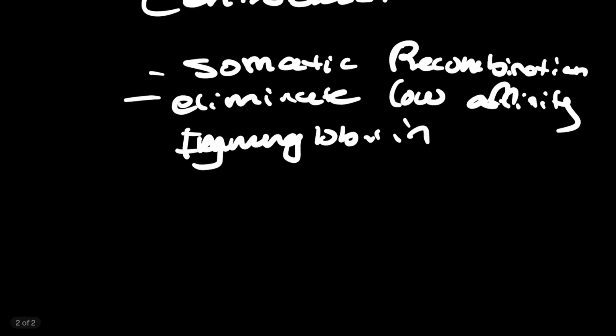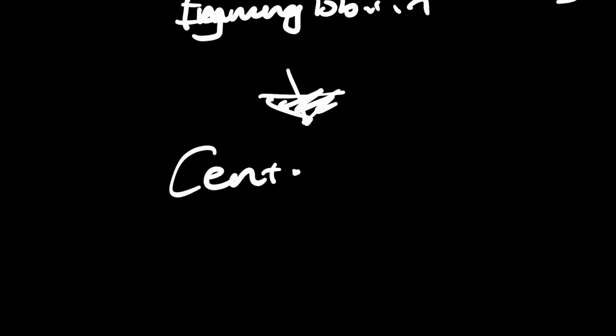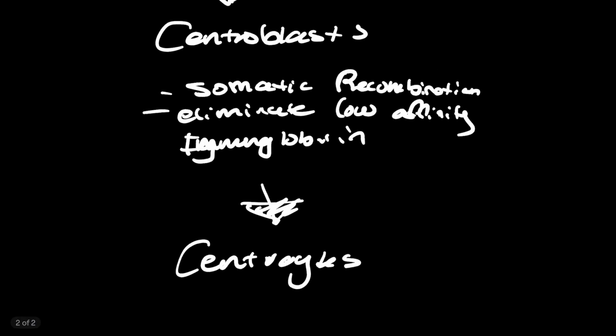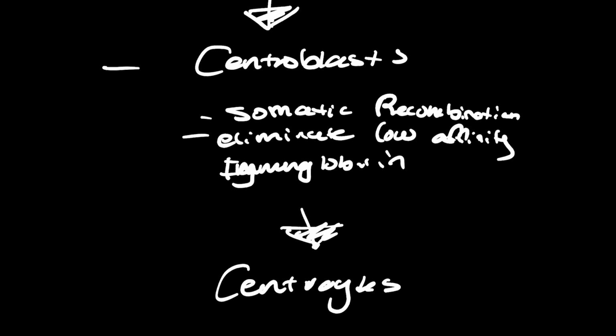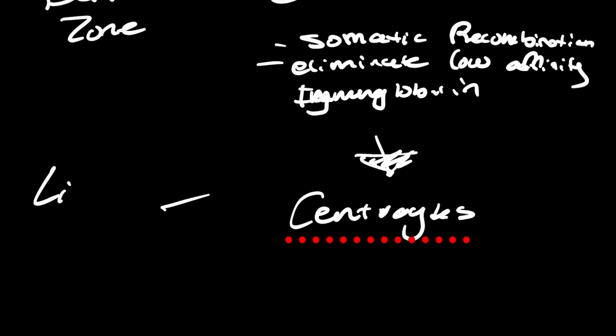Eventually, they'll turn into centrocytes. Also, this is the dark zone of the germinal center, and this is the light zone.